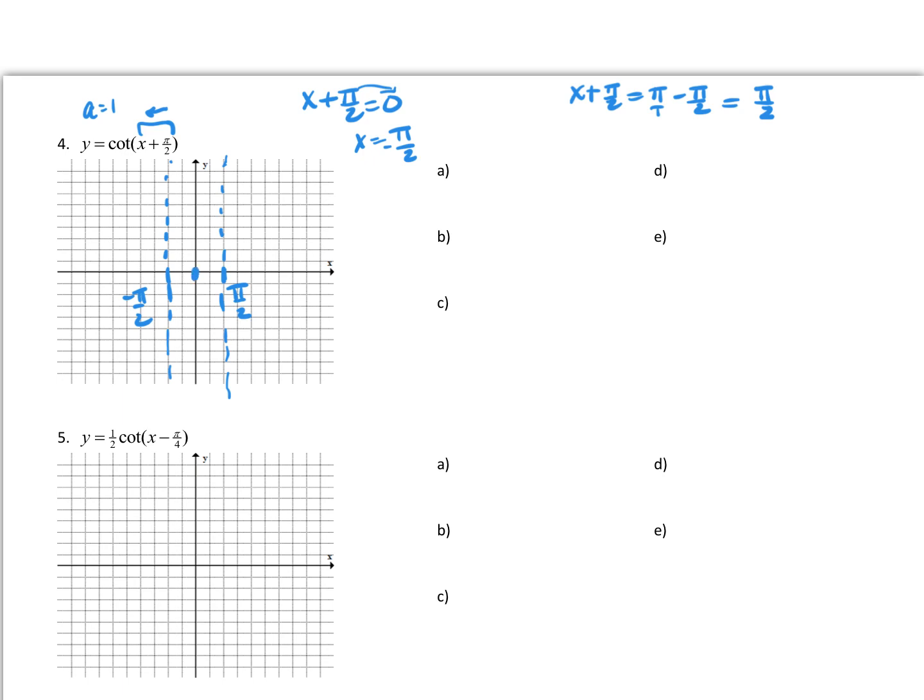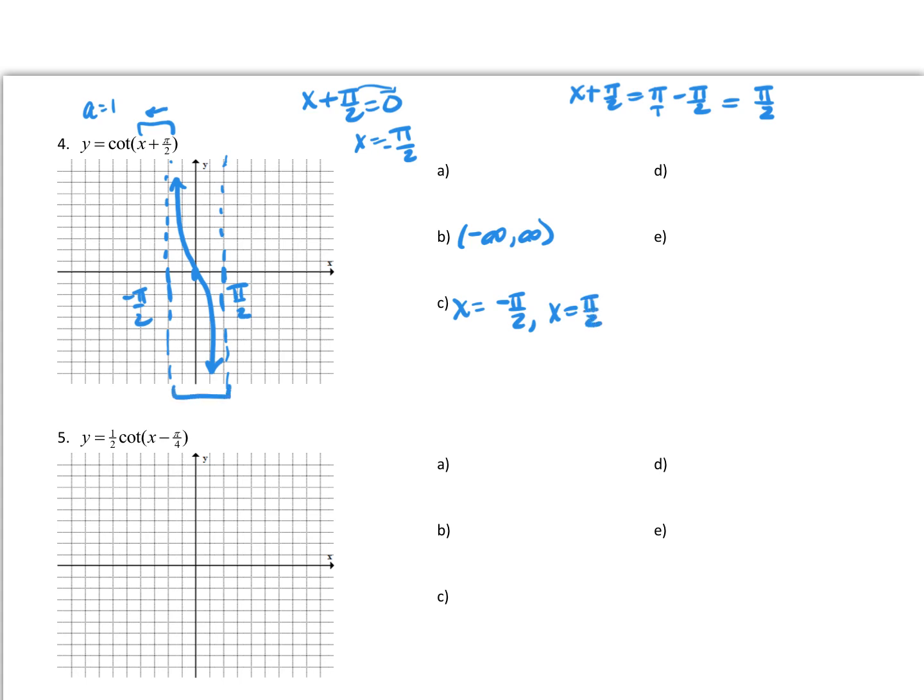A is a positive one, so it's going to maintain the same direction as the original parent function of cotangent. Okay, so range, negative infinity to positive infinity. Asymptotes will be negative pi over 2, positive pi over 2.